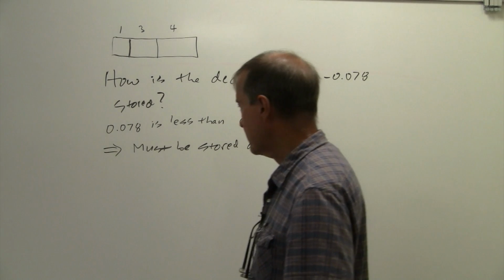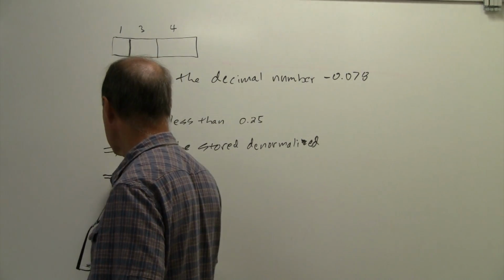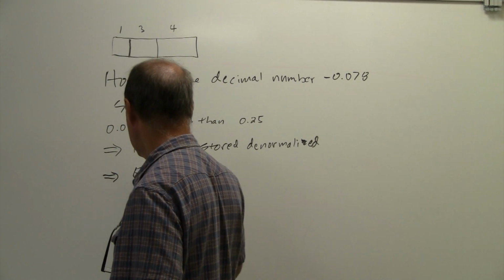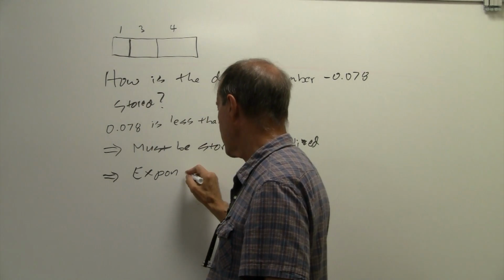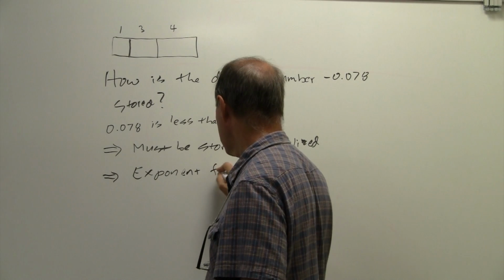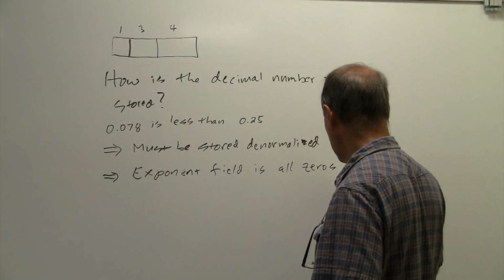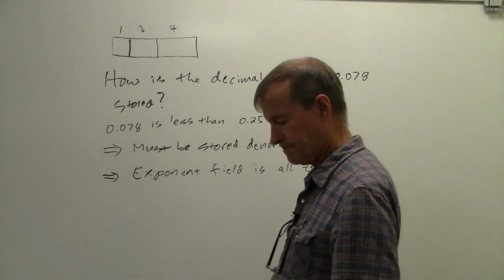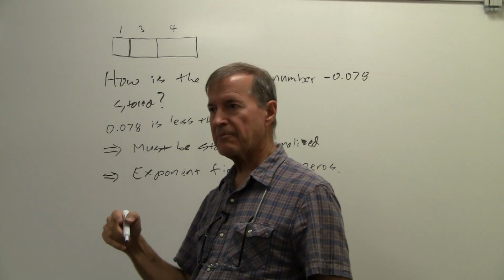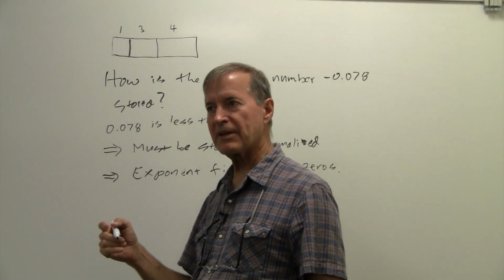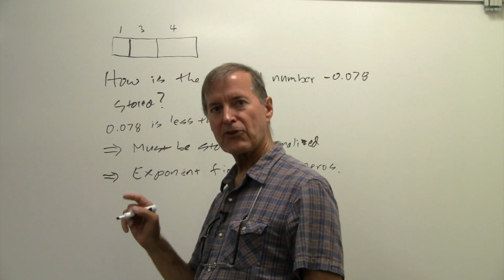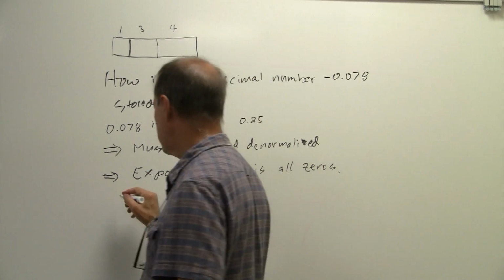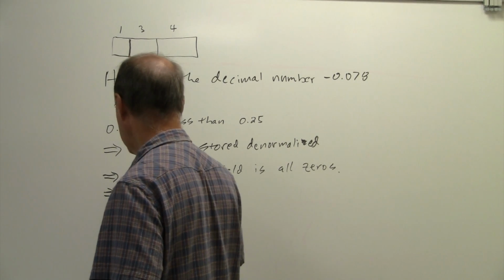Now, what does that mean? That means that the exponent field is all zeros. And that means the hidden bit is what? Normally the hidden bit is 1, right? But if they're denormalized, the hidden bit is 0.